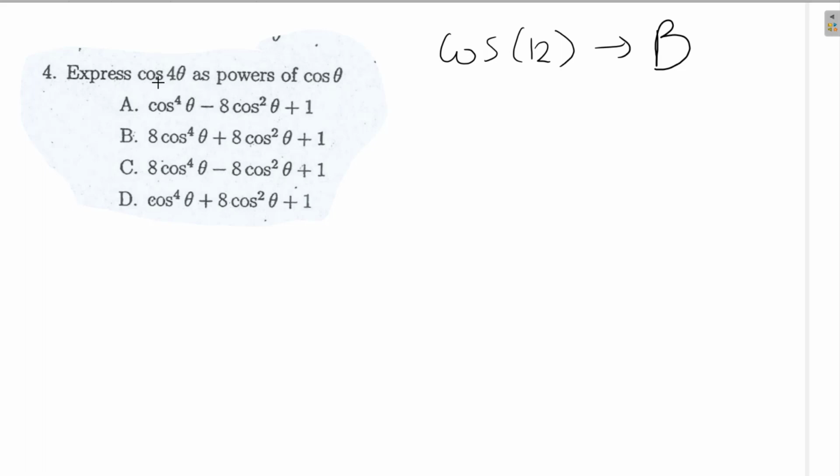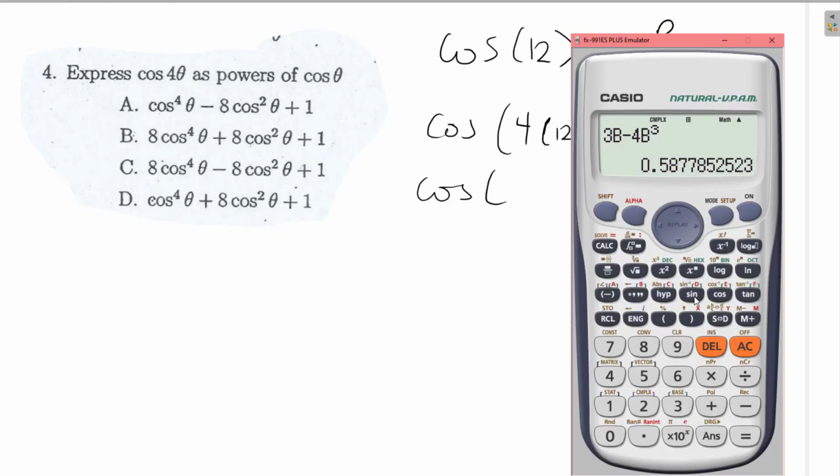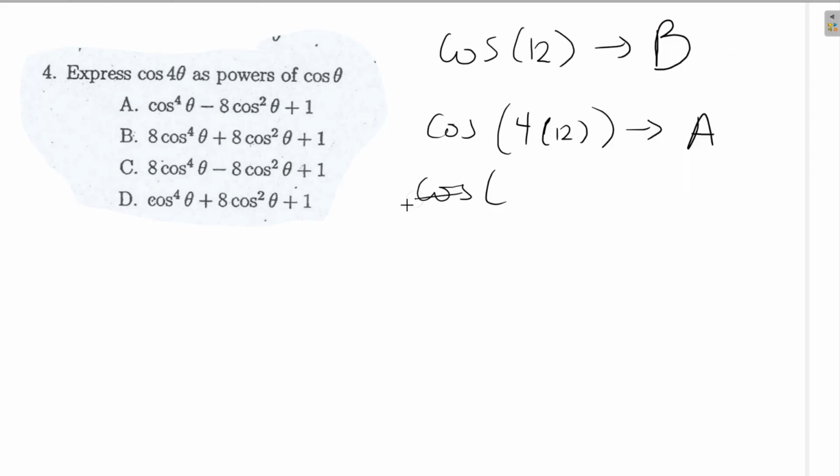And then I'll store cos 4 theta in variable A. Cos 4 times 12 inside variable A. We know that cos 4 theta, or cos of 4 times 12, is 0.669. Let's just write this somewhere. So one of these answers should give us 0.669 when we are using B.